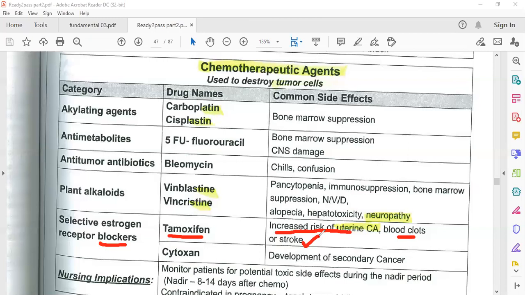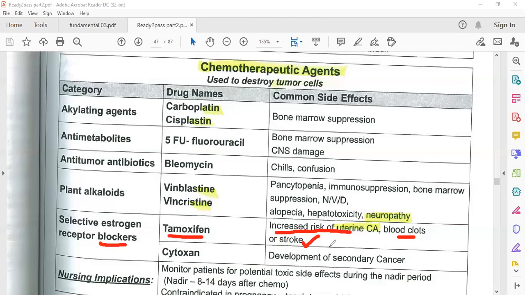Also it is important that tamoxifen increases the triglyceride and cholesterol level in the body. The patient who has to take tamoxifen because of their cancer has this side effect: increased triglyceride and cholesterol level.